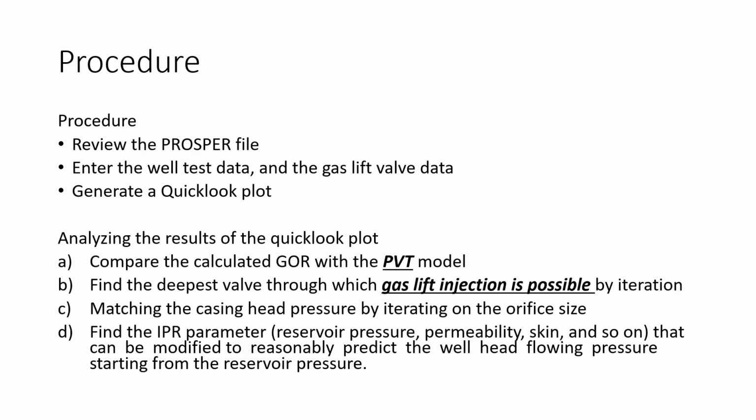The model casing plot, and also the calculated one. So the well test data, and then find out the IPR parameters, and then tweak a little bit the reservoir pressure and other important variables in order to come up with a good match between the well test data and also the tubing response.